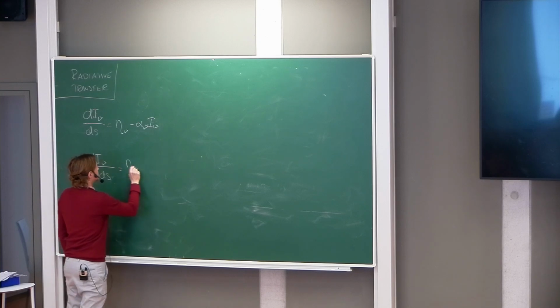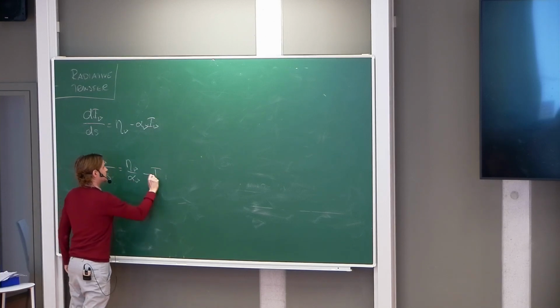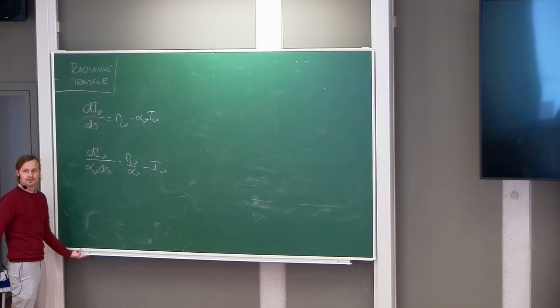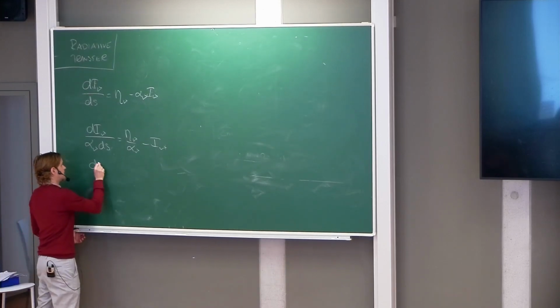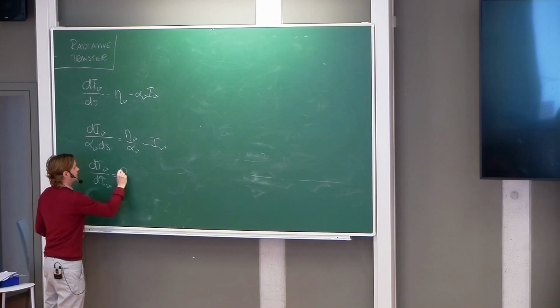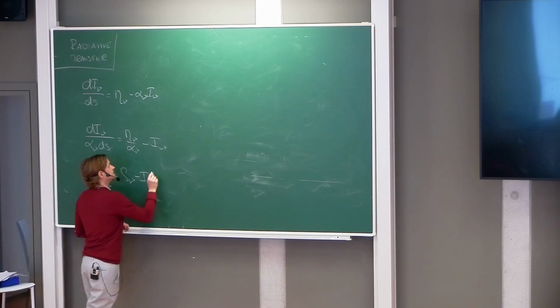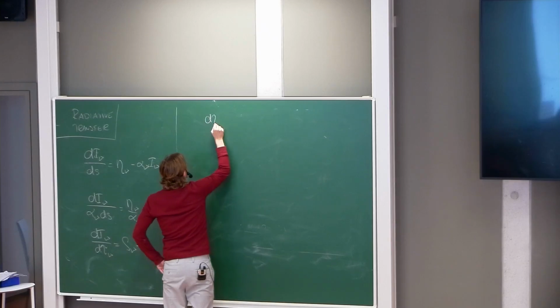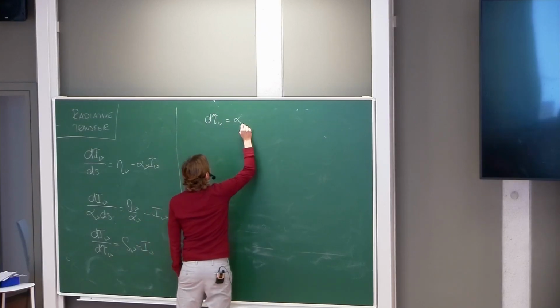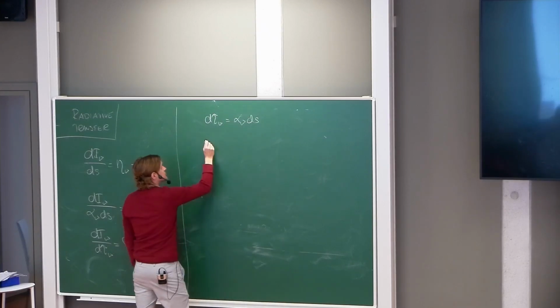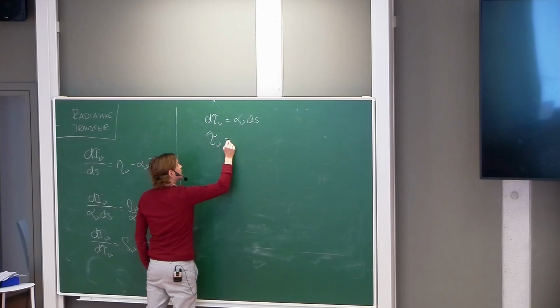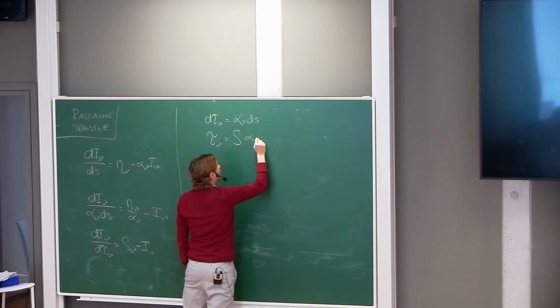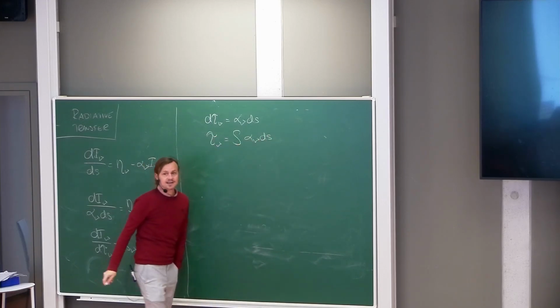dI nu over alpha nu ds equals eta nu divided by alpha nu minus I nu. And from this, we can define two very useful quantities. I will just write up here this as d tau nu, S nu minus I nu, such that you can see that d tau nu equals alpha nu ds, or if we just integrate this, then tau nu is the integral of alpha nu ds.